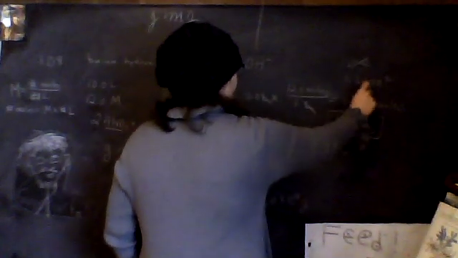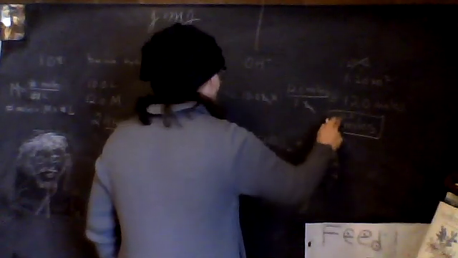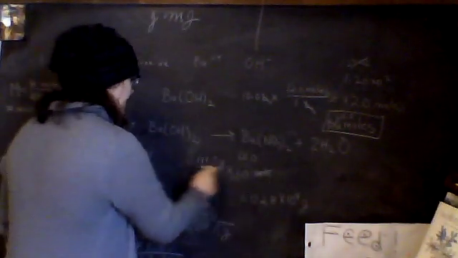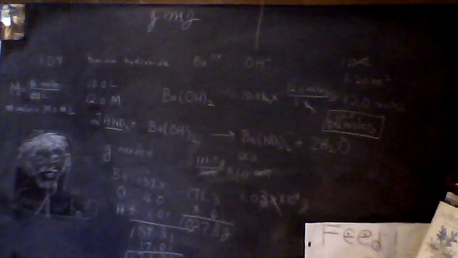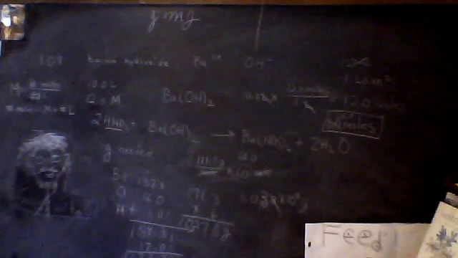So this should really be 1.20 times 10 to the second moles, making this 60.0 moles. I shouldn't say 120.0, that would be too many significant digits. So the final answer should have 3: 1.03 times 10 to the 4th grams of barium hydroxide. That's pretty complicated, right? Yes.